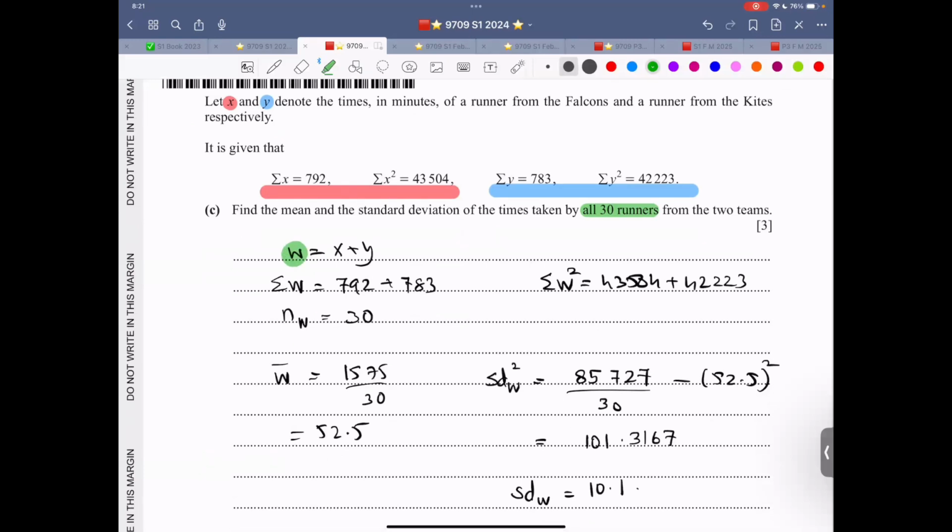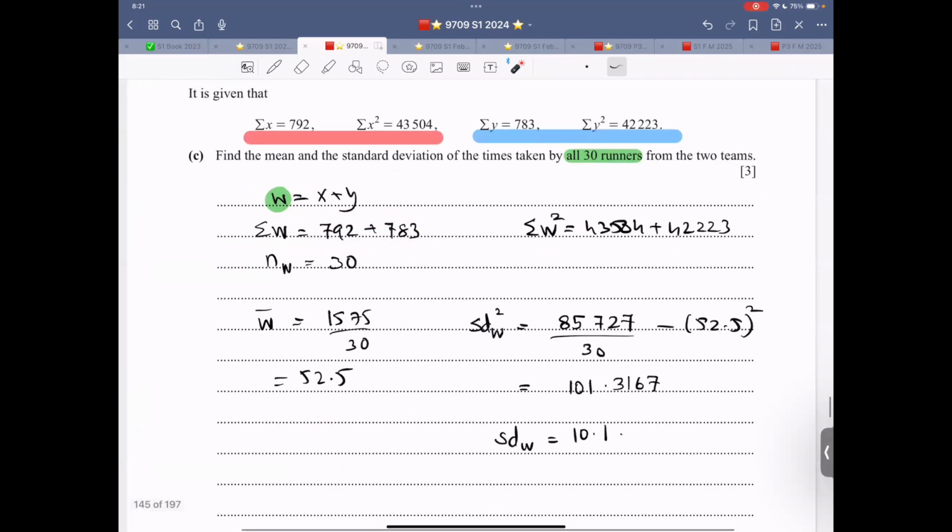So W is x plus y. Therefore, sigma W is sigma x plus sigma y. Number total, that is 30. W bar, add these 2 divided by 30, that is 52.5. Again, this is exact. That is W bar. So let me highlight over here, that is 52.5.